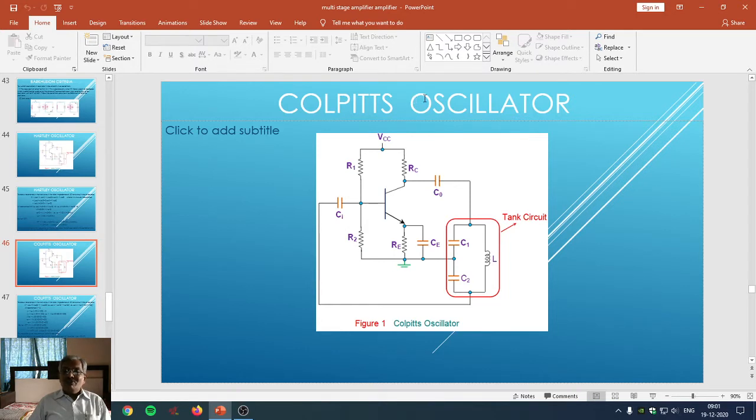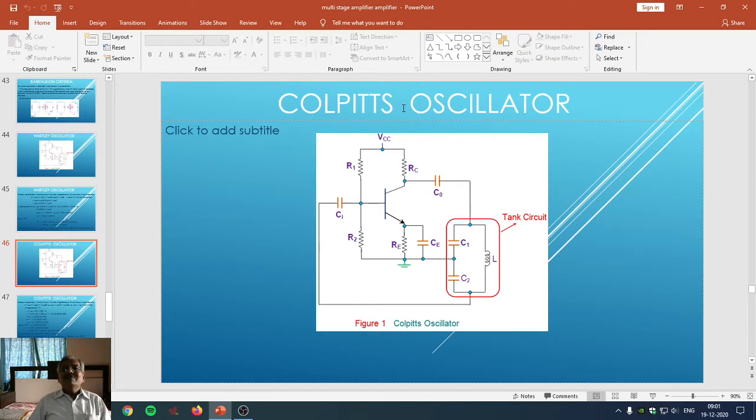It is quite obvious to say that, like the Hartley oscillator, this oscillator also belongs to the radio frequency oscillators, because it generates frequency in the radio frequency range.